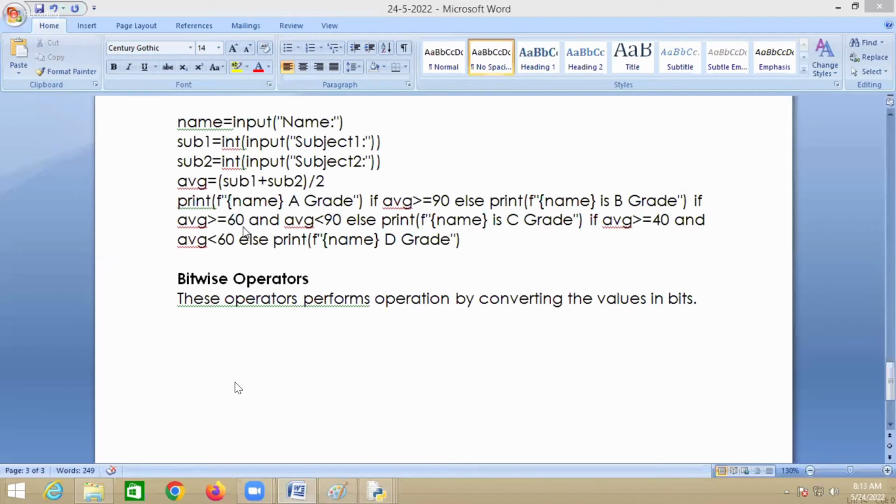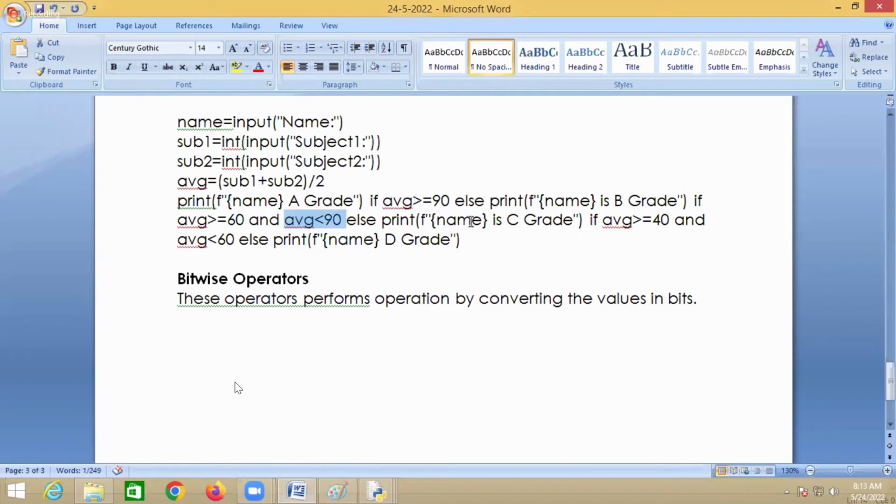I said it is in between, right? 60 and 90. Checking that average is greater than or equal to 60 is not required. But I said between, so because of between, I've written the and operator. Otherwise, not required. Why? Because if the first condition is true, then it will not check the second one. So average less than 90 is not required.